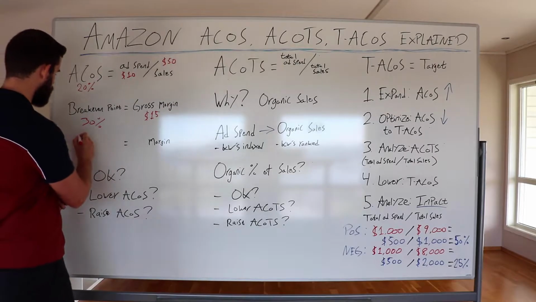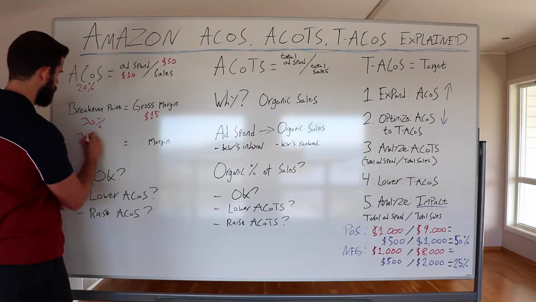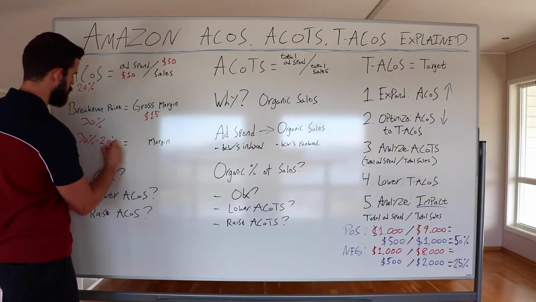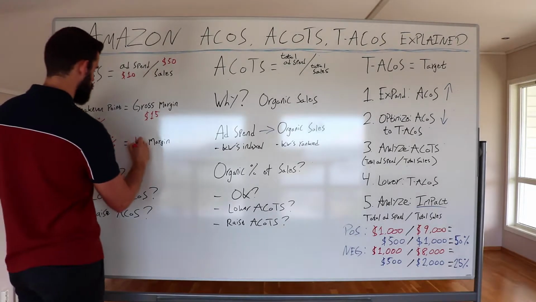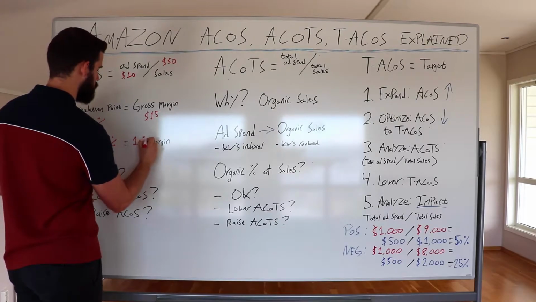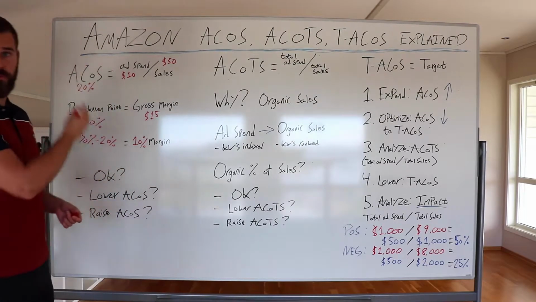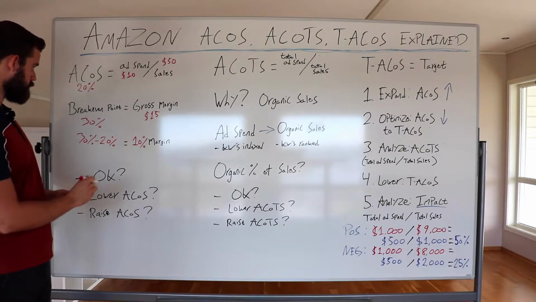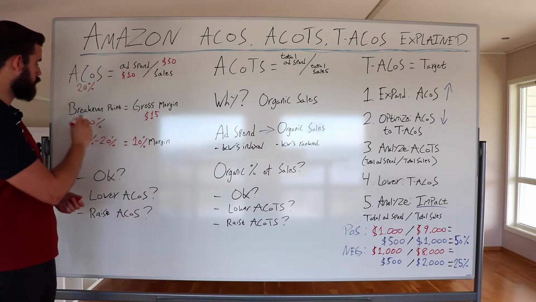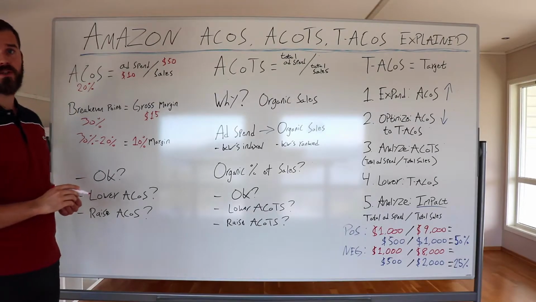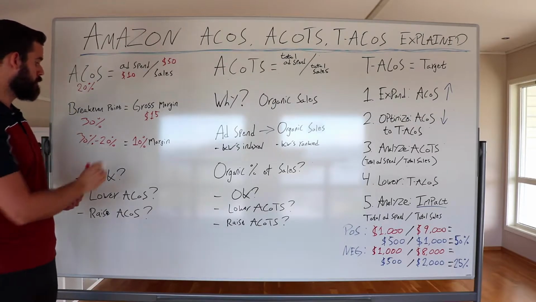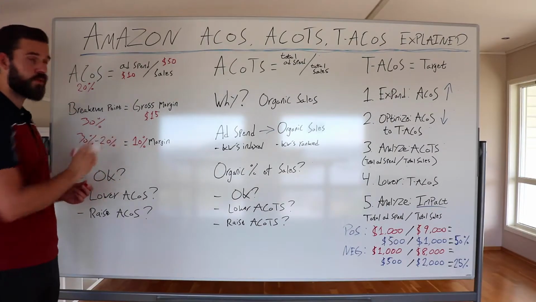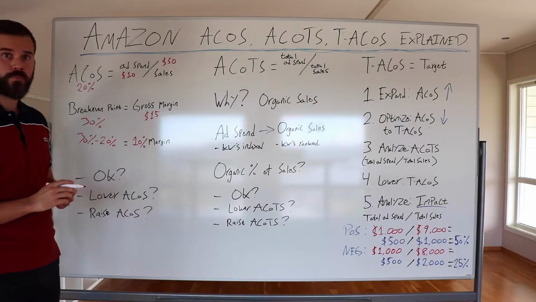So if we do 30% minus 20%, that gives us a 10% margin, right? So right now, if this is you and your ACoS is 20% and your break-even point on this particular product or this particular SKU is 30%, it means that directly on your advertising, you're making 10% as a profit, right?